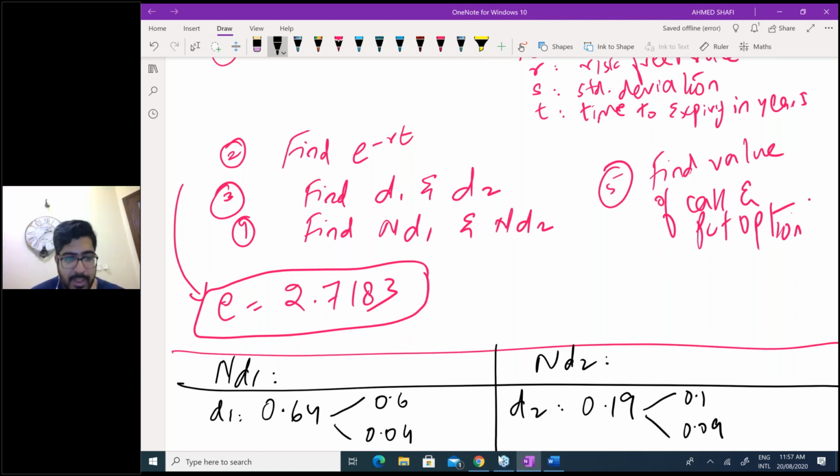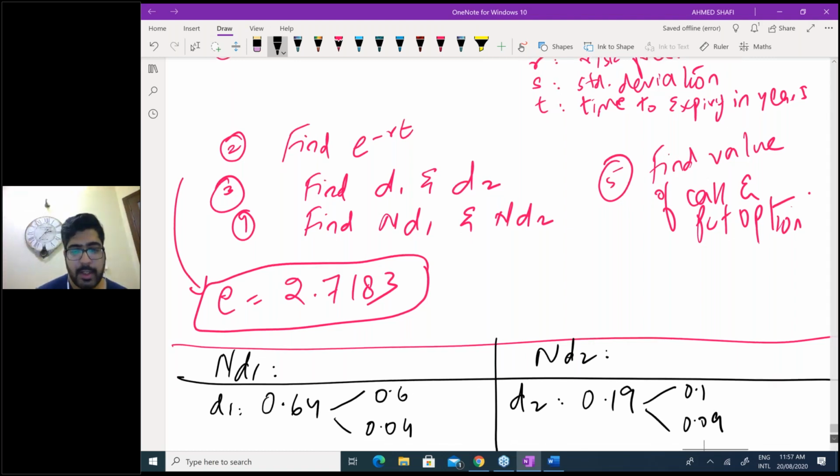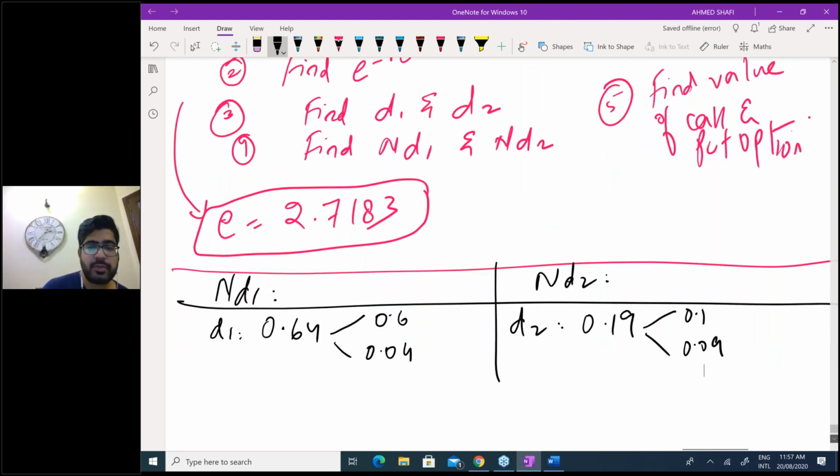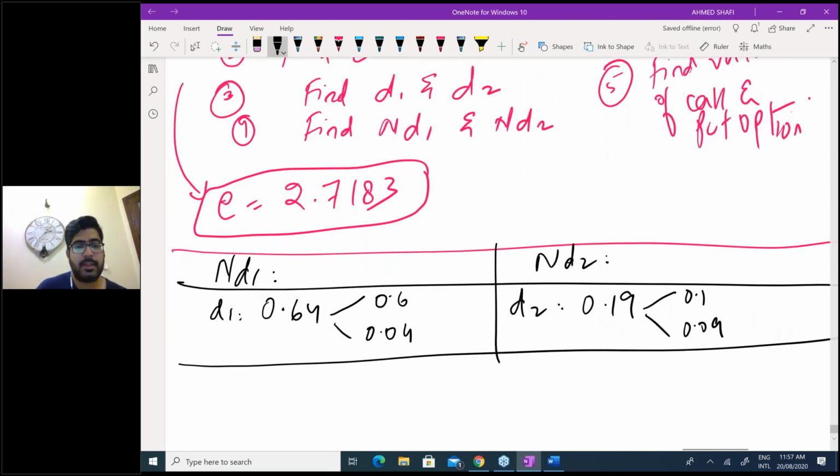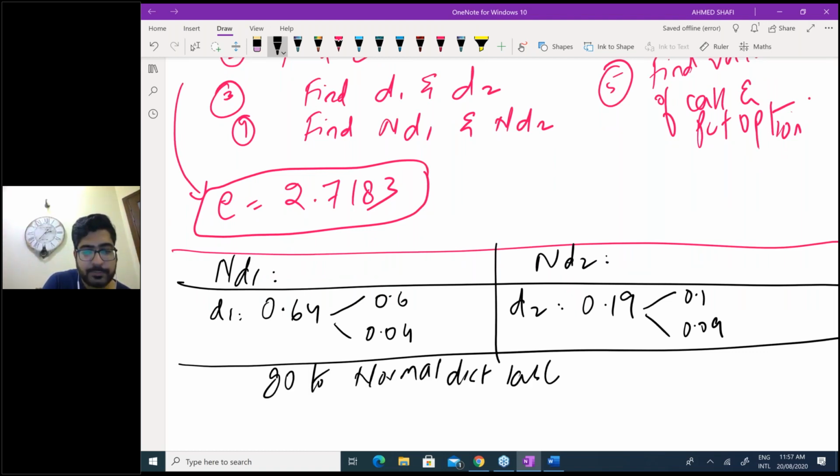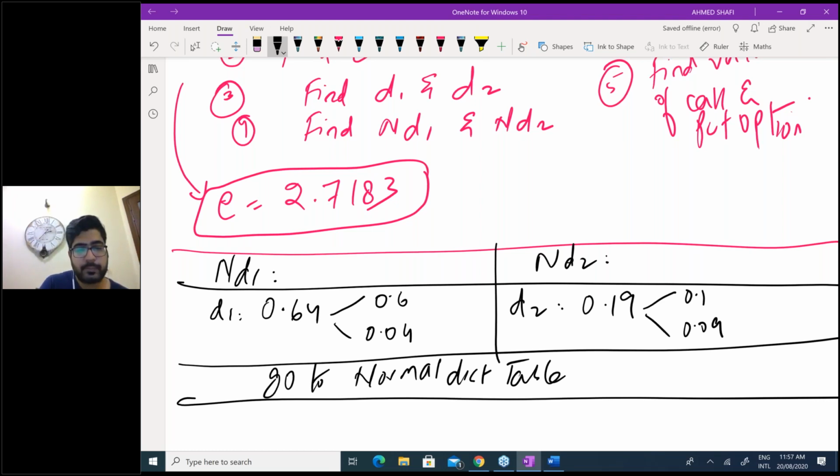So for N(D1) and N(D2), you first need to find D1, D2, 0.64 and 0.19, and break it into single decimal and double decimal. And then go to the normal distribution table. Let's go to normal distribution table.